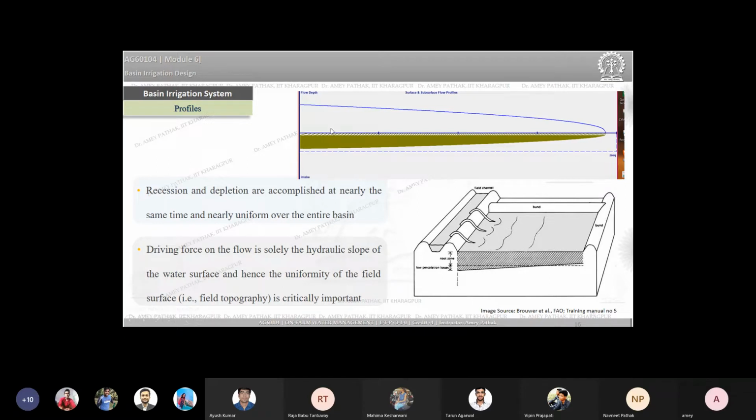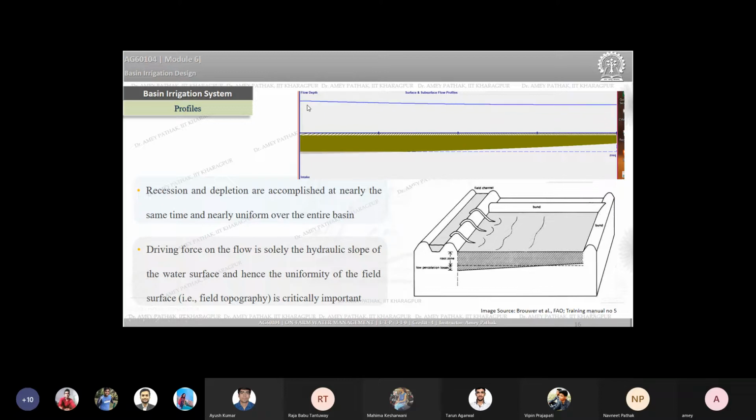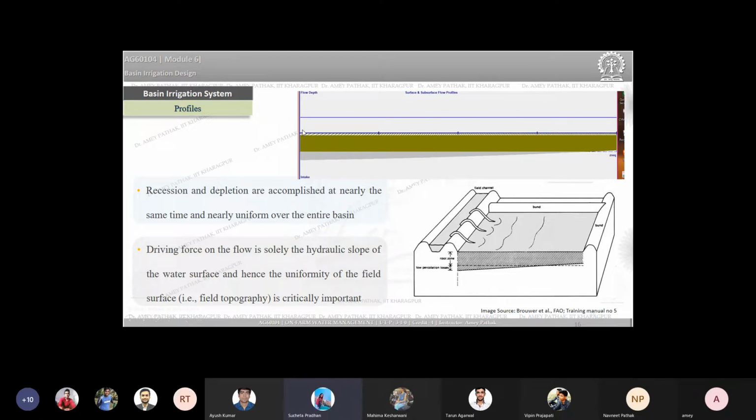Okay, so you see here. Now you can see suddenly there is a drop here. So what has happened here? The depletion phase, but this is actually the cutoff.